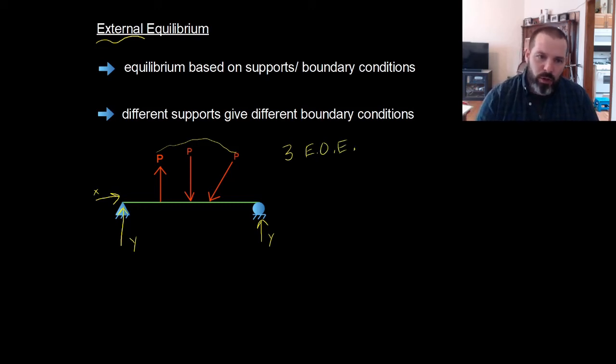In order for something to be in equilibrium externally, the forces and the forces from the supports have to equal 0. That will put it in external equilibrium.